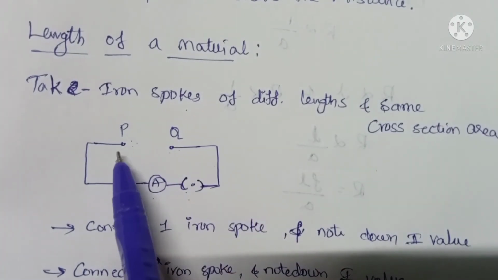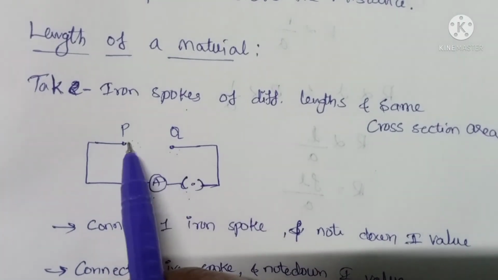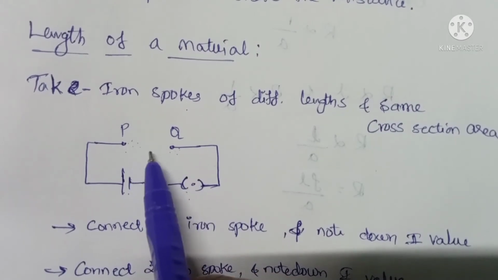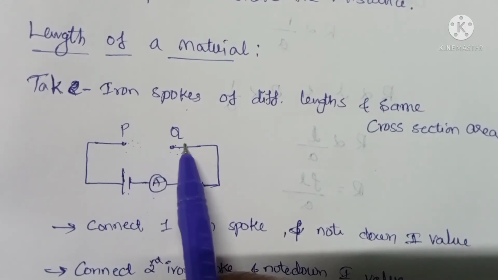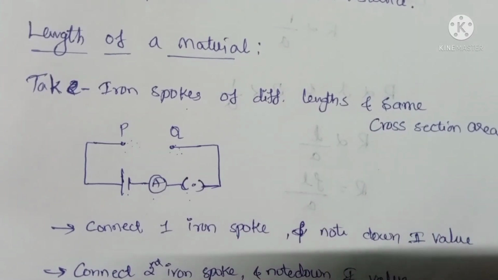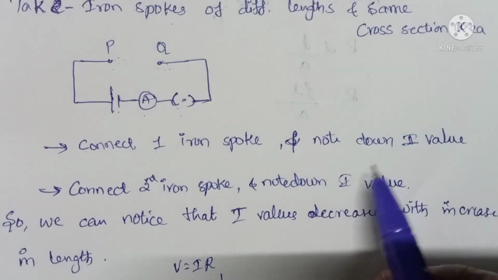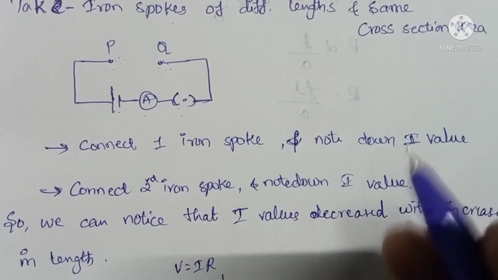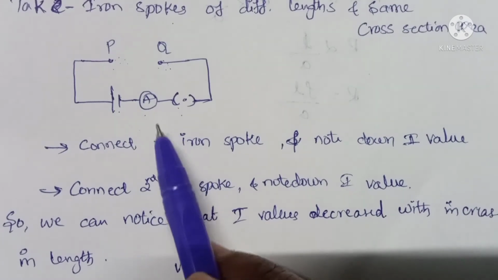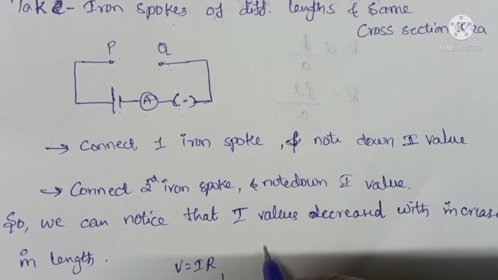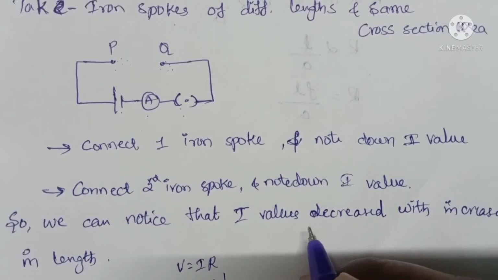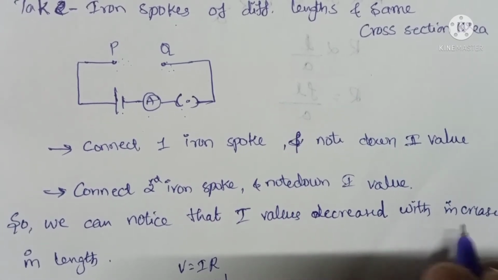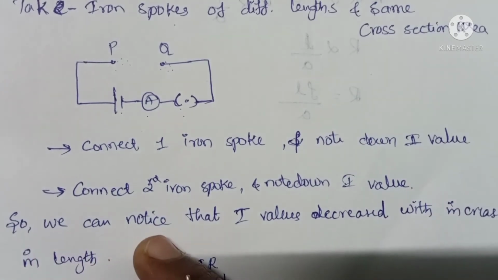Then connect different spokes across the P and Q terminals, and for each spoke, note down the value of current. After all the values are taken, you can notice that the values of current decrease with increase in the length of the material.